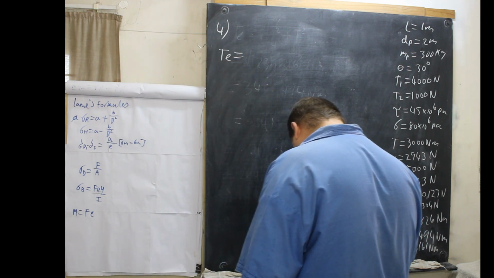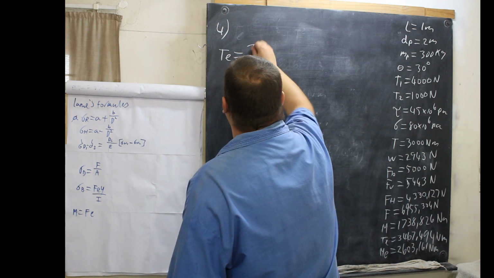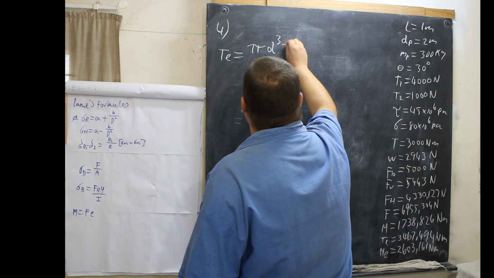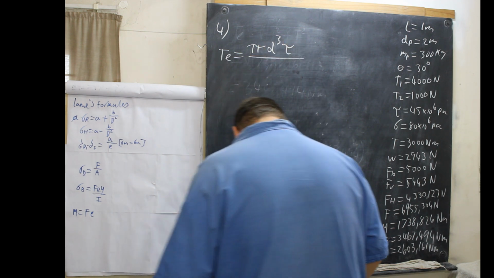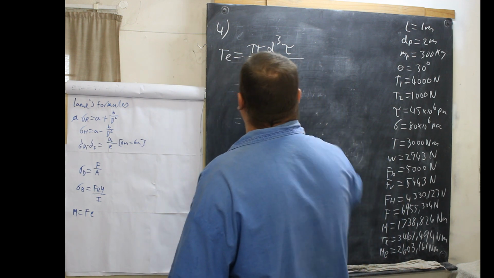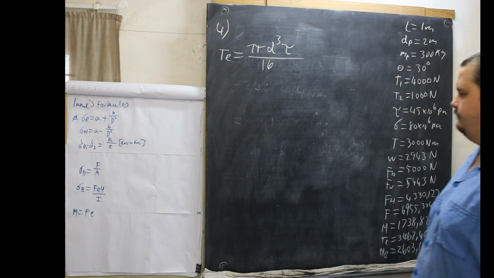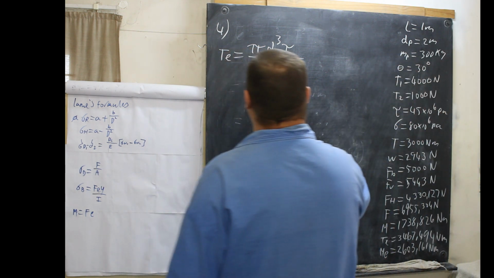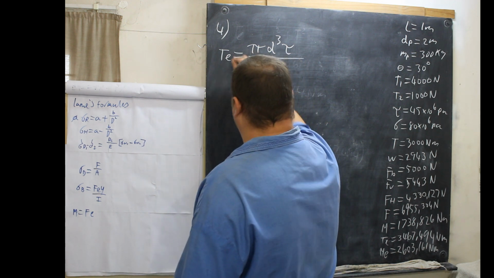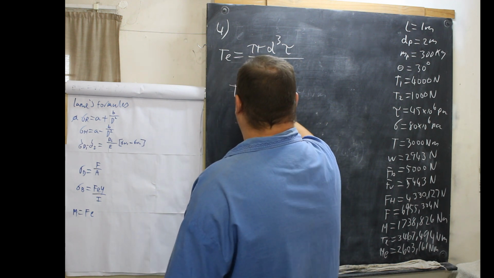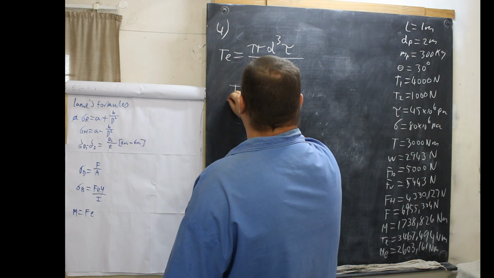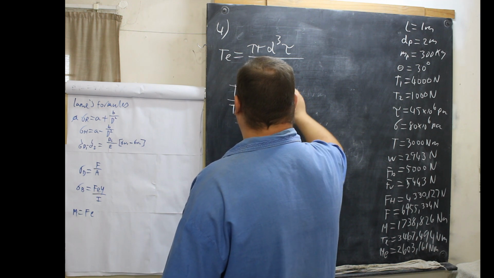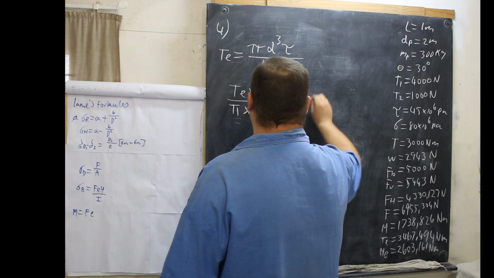For TE equals pi d cubed over 16 times the shear stress. Now what we do is we manipulate the formula: TE times 16 divided by pi times the stress equals d cubed.